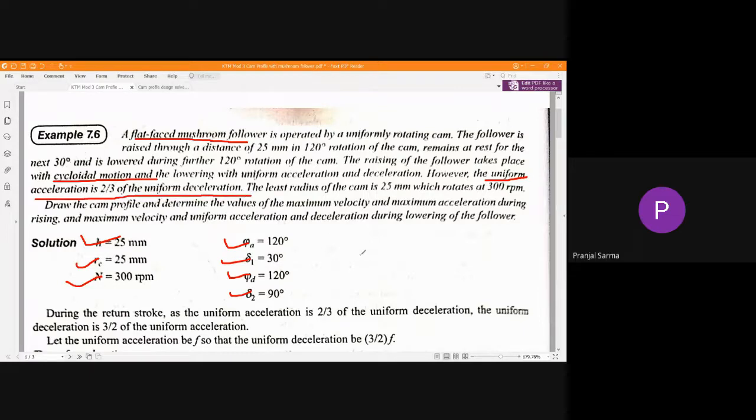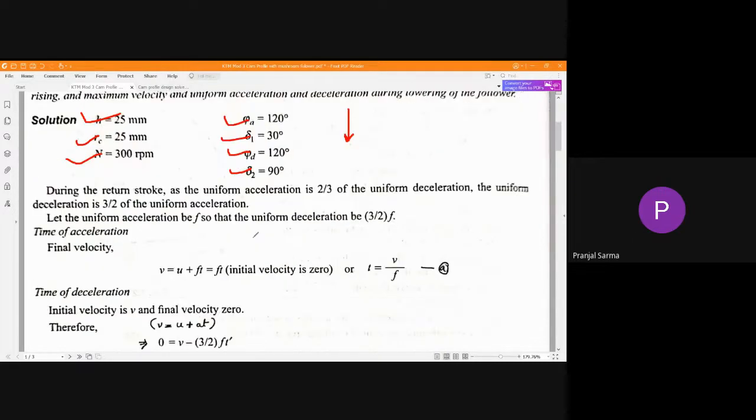So that means within that particular stroke itself, lowering with uniform acceleration and retardation, that is, the follower is lowering, it is the return stroke that we are talking about. It was said that uniform acceleration was two-thirds of the uniform deceleration. From that we found out the time of acceleration and time of deceleration for the return stroke.